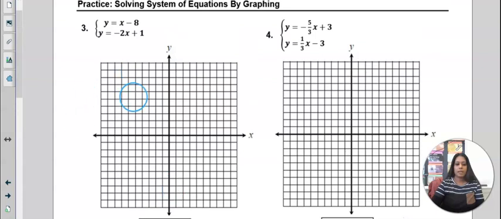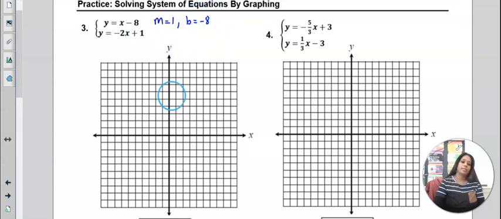I don't have a graph, but there are two ways we can graph it: using the slope and the y-intercept, or we can use Desmos to graph and find it. Let me go ahead and use the slope here. The slope is 1, and the y-intercept b is at -8.